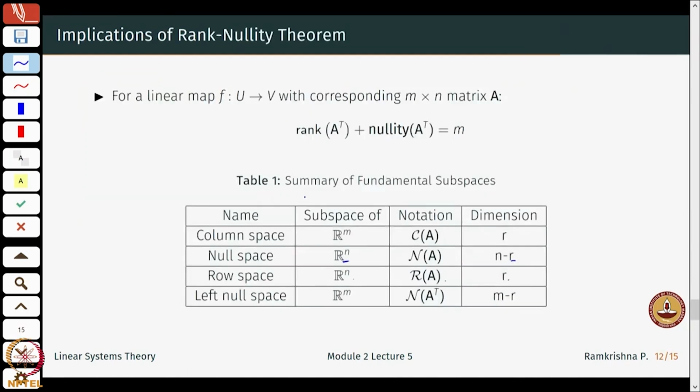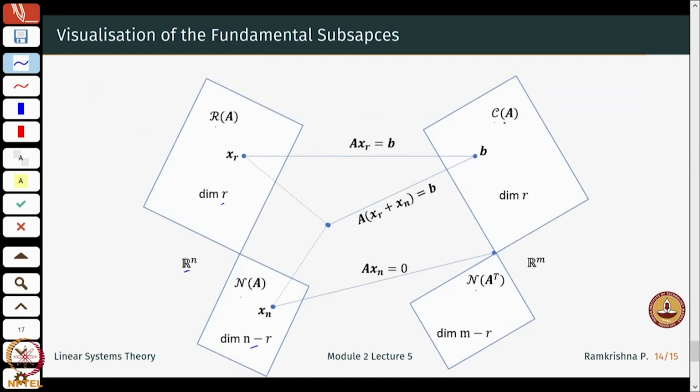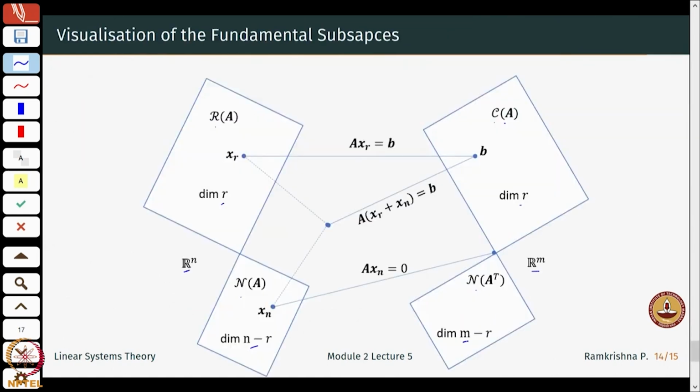Okay. Now similarly, I have the column space of A, which is a subspace of Rm, of dimension r, and similarly the null space of A transpose is a subspace of Rm, and it is of dimension m minus r, right. So this is where this sits.